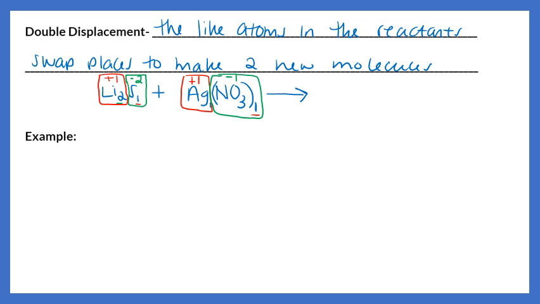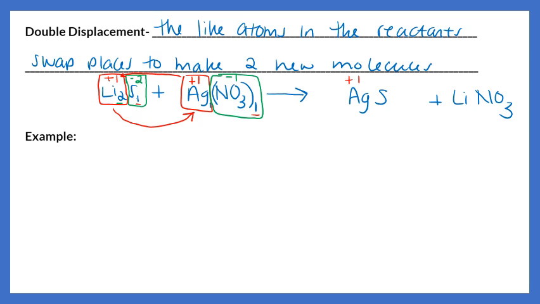Just to give you guys a hint of how to do this easier, I always keep my nonmetals in the same spot and just fill in my metals. So that means lithium is going to go bond with NO3, and silver is going to go bond with sulfur.